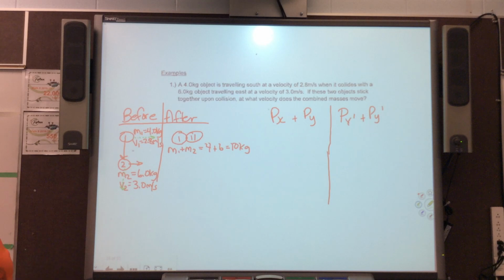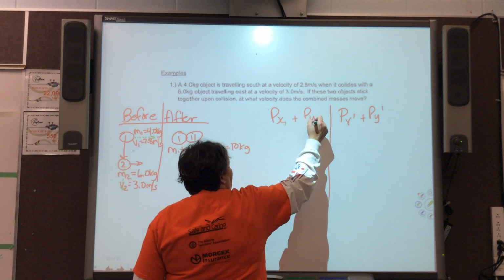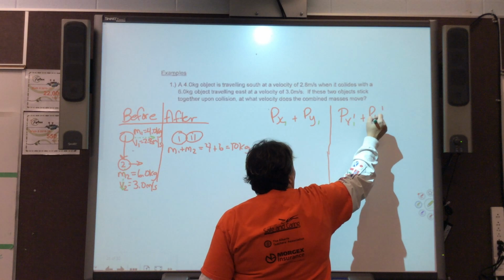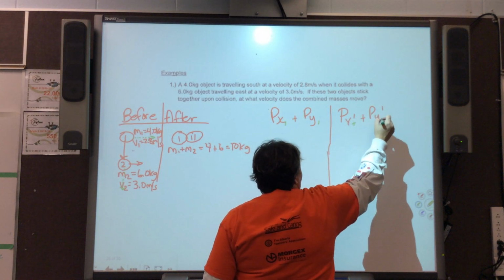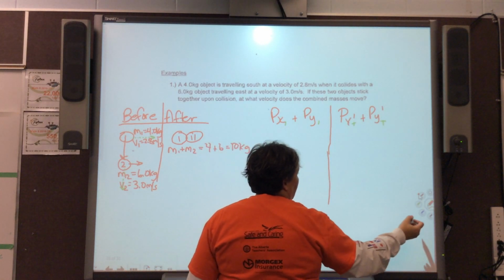So for object 1, this would be 1 and 1 total.